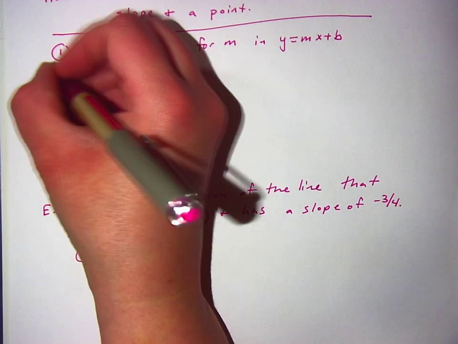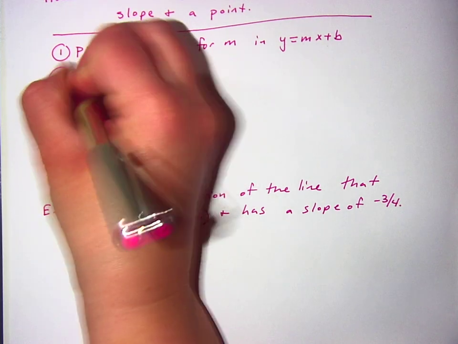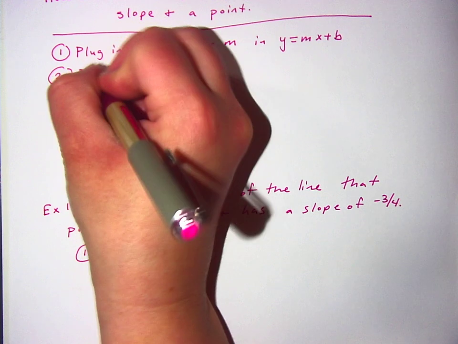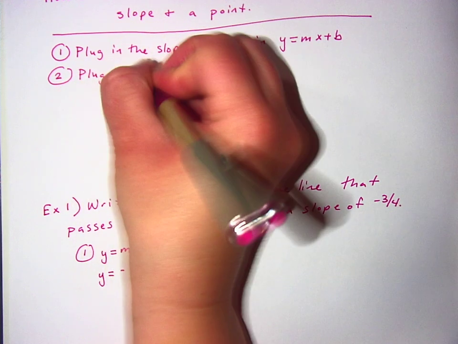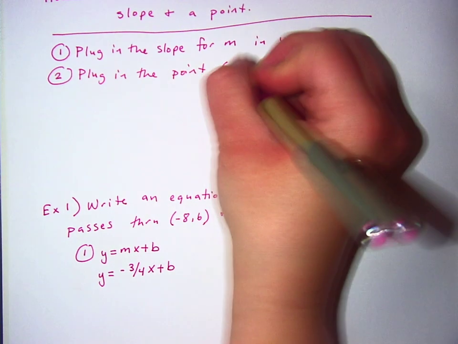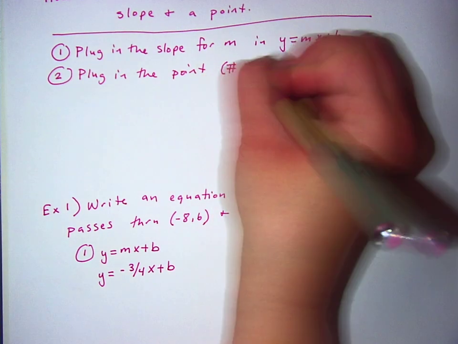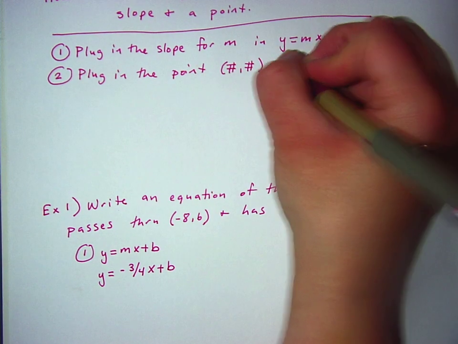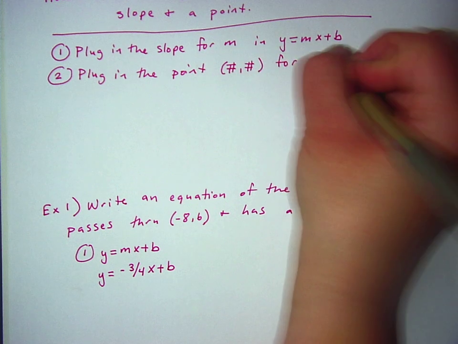All right, step 2 is to plug in the point, which should be 2 numbers, in for x and y.